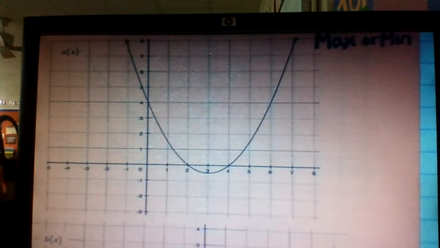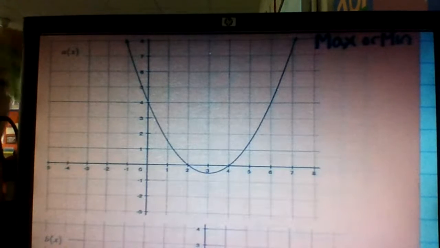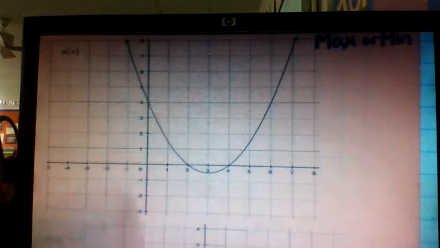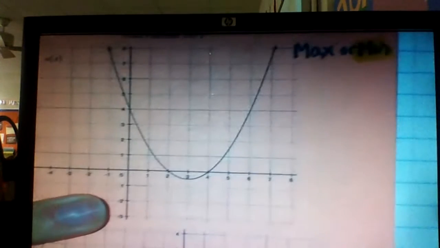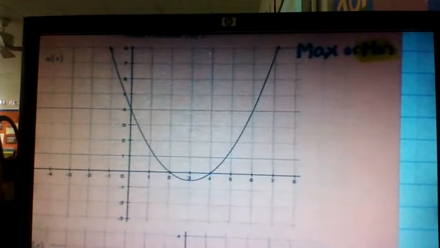Does it dip low or does it go high? So what do I have here, a max or a min? That's a minimum.